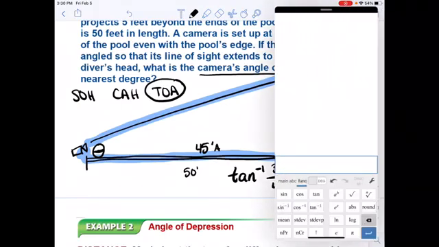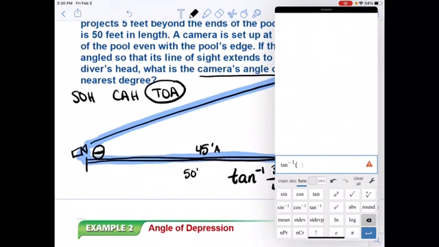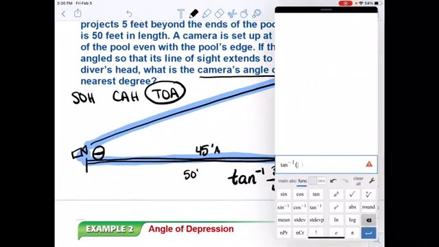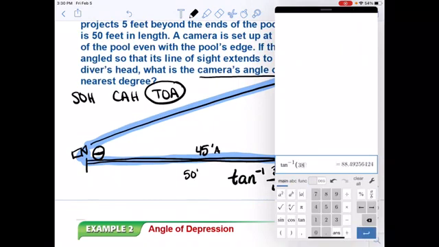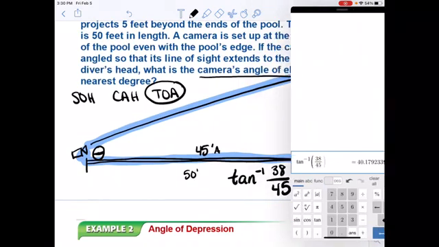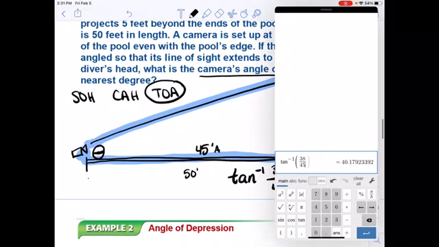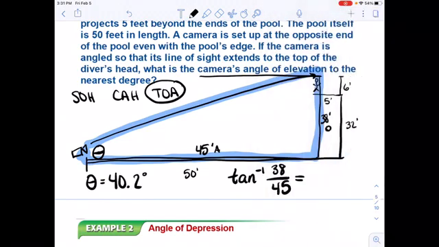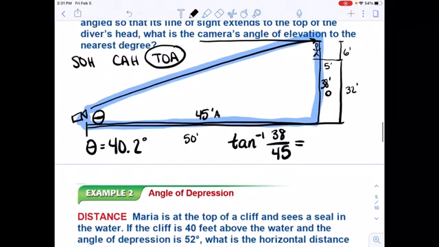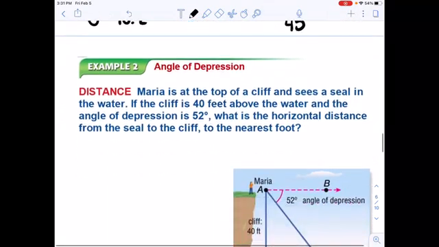So we have the inverse of tangent of 38 over 45. So theta, or the camera's angle of elevation, is 40.2 degrees. Once you get it set up, it's actually not too bad to solve. It just takes a little while to draw the picture.